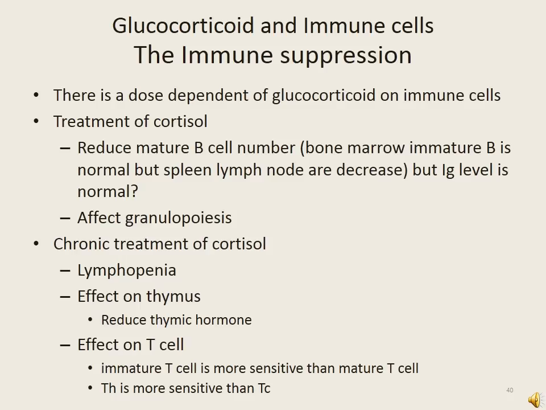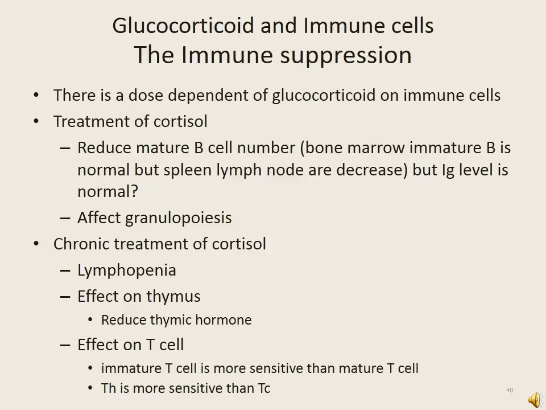This slide summarizes some of the well-known effects of glucocorticoid on immune cells, that is, the immune suppression. Firstly, there is a dose dependence of glucocorticoid on the immune cell. Most of the studies show the effect of the cortisol.